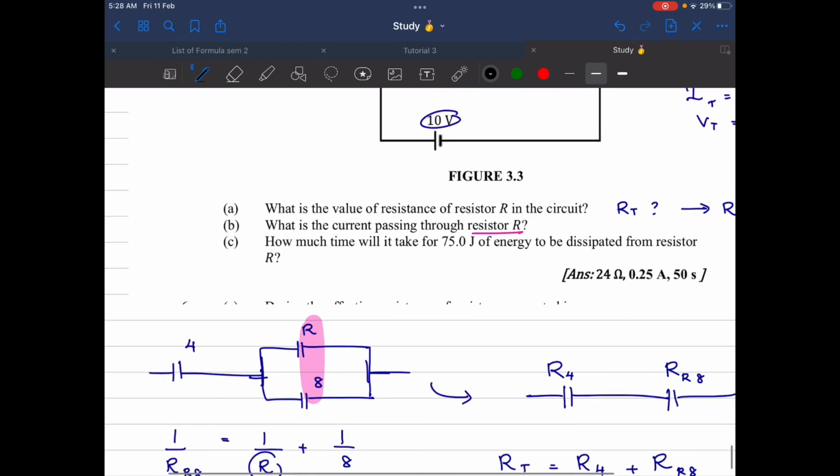So let's try to do C now. Let's read the question. How much time will it take for 75 joule of energy to be dissipated from resistor R? So now we know that R is 24 ohm, and the energy is 75 joule. And then we look in the list of formulas.